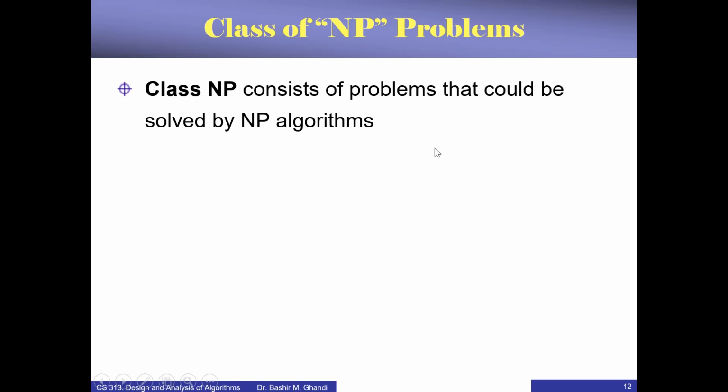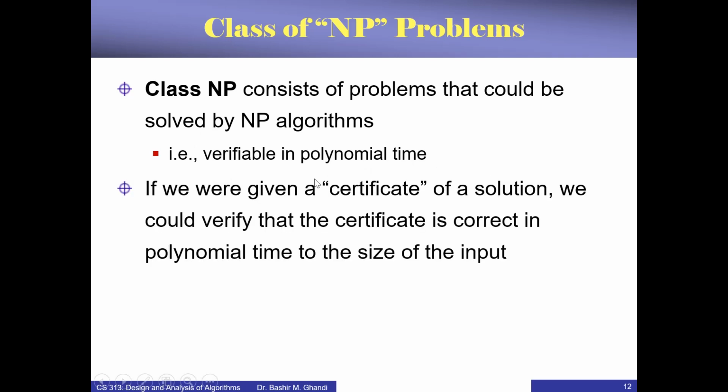These are algorithms whose solution cannot be generated in a deterministic way, but if a solution is found, it can be verified in polynomial time. If we are given a certificate of a solution, we can verify that the certificate is correct in polynomial time relative to the size of the input. If that is the case, then the problem is said to belong to NP.